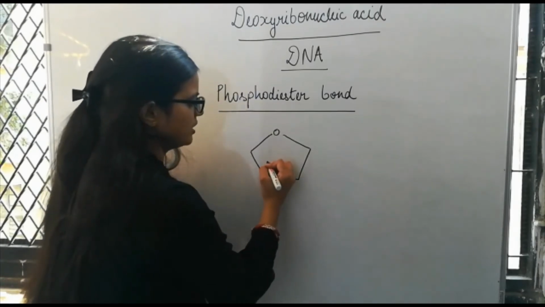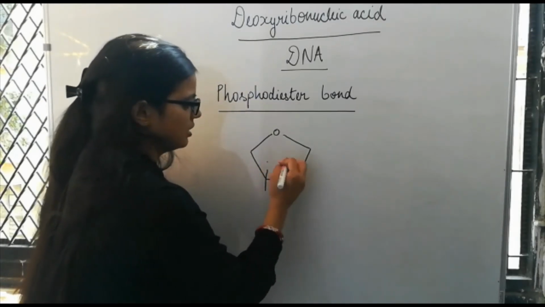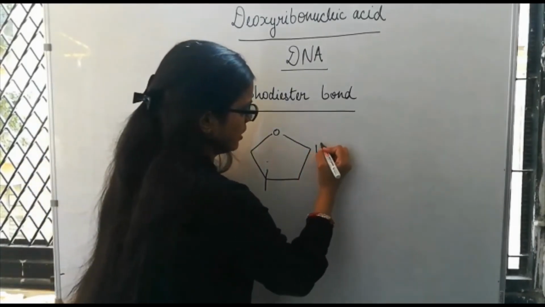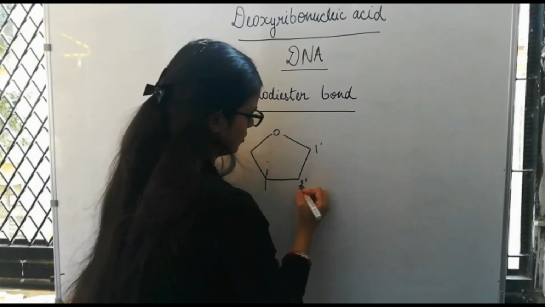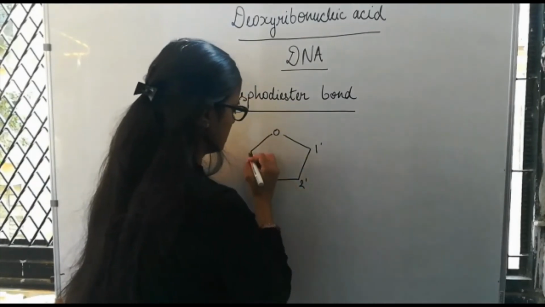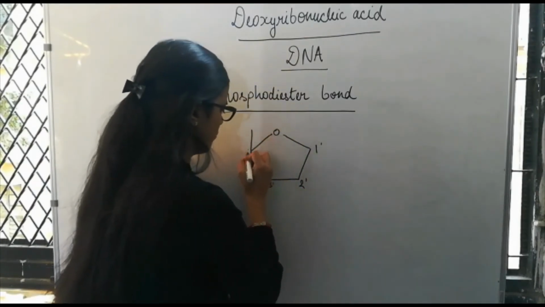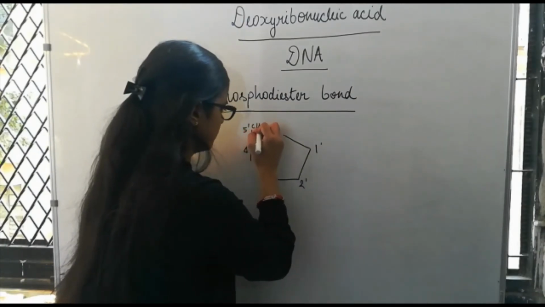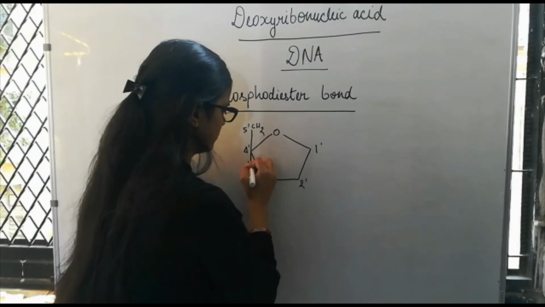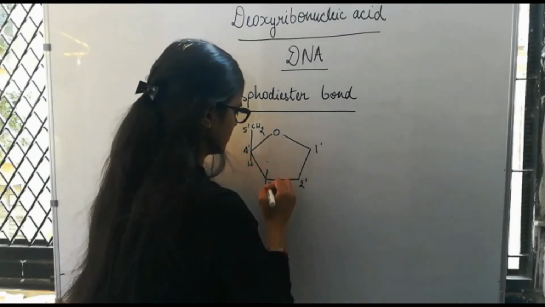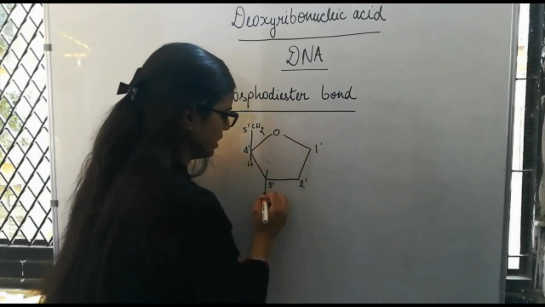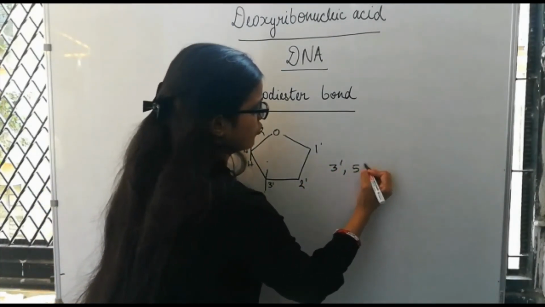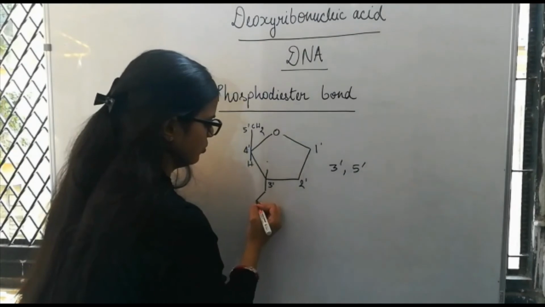As we know, it is a pentose sugar, so it is a 5 carbon compound: 1', 2', 3', 4' and 5'. And here it is the 3'-5' phosphodiester bond.